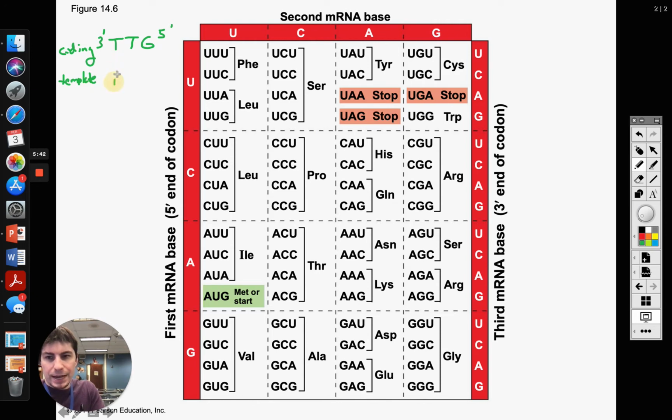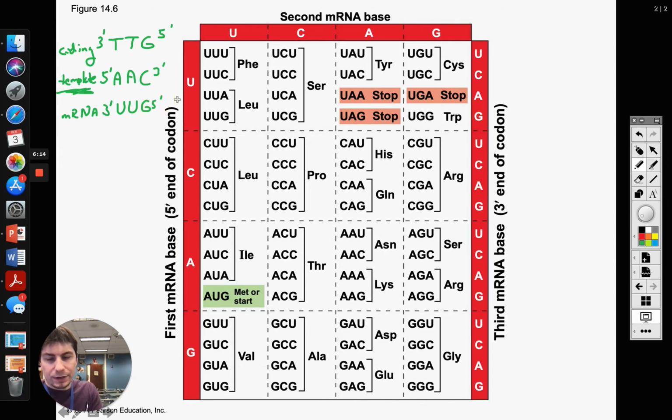So T goes to A, T goes to A, G goes to C. 3' would be 5' on this side, 5' would be 3' on this side. Now let's go to our mRNA, because we remember, guys, the template strand is always what goes to mRNA. This is going to be 3' now, the opposite of that. A goes to T, but it's mRNA, so it's going to go to U, U, and a G.